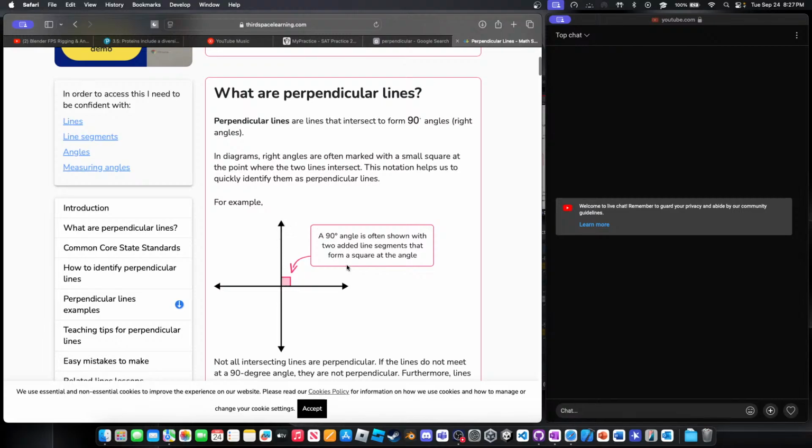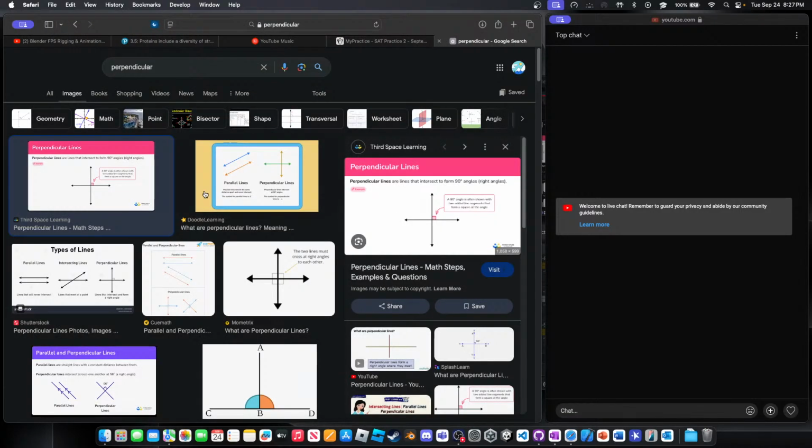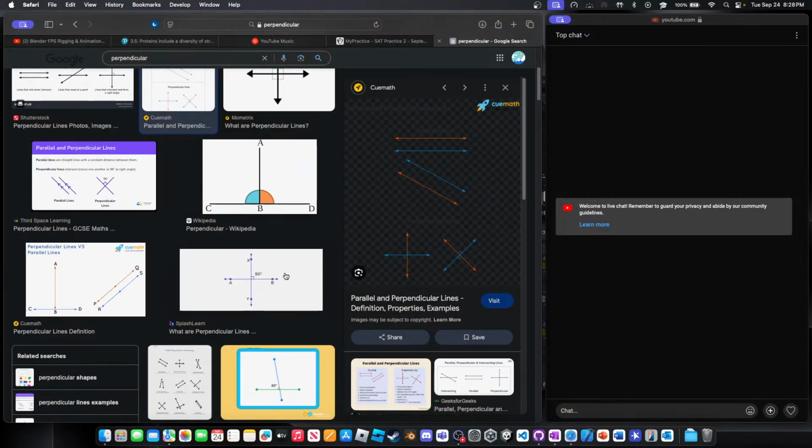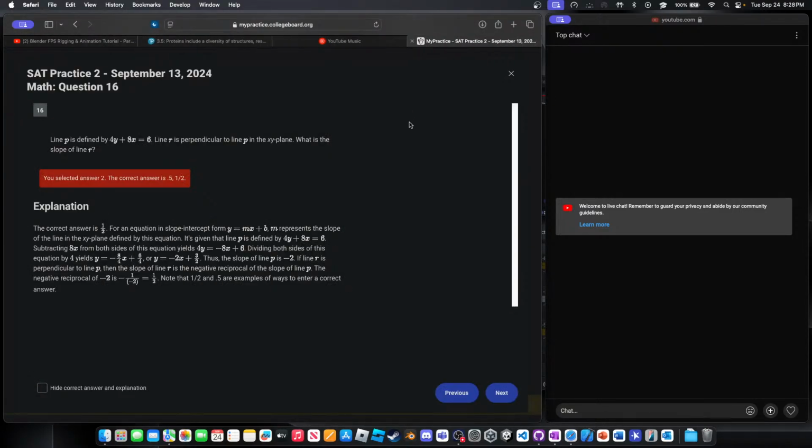So instead of being 180 degrees, it's going to be half of what the original slope was. So like this. Half of the original slope. So that, oh, that would make sense. No, that would actually not make sense.